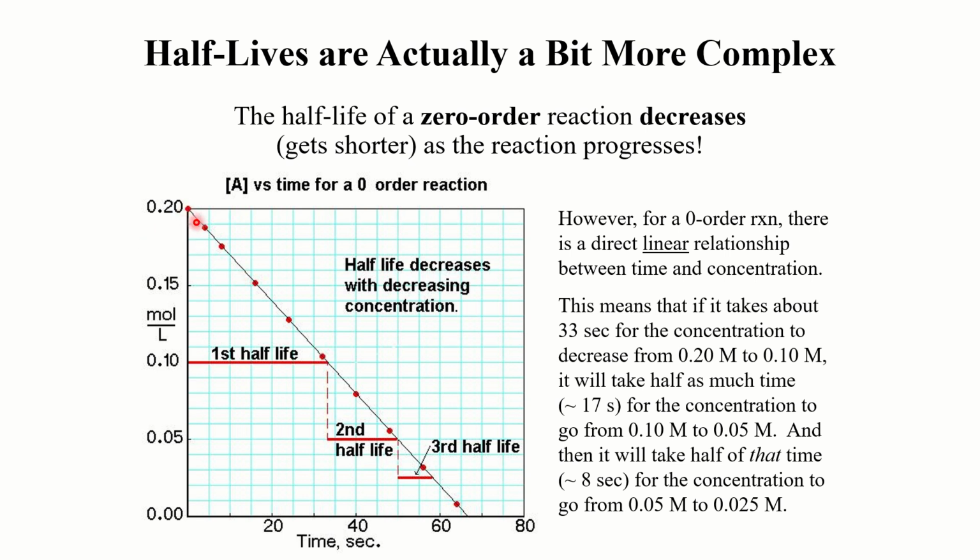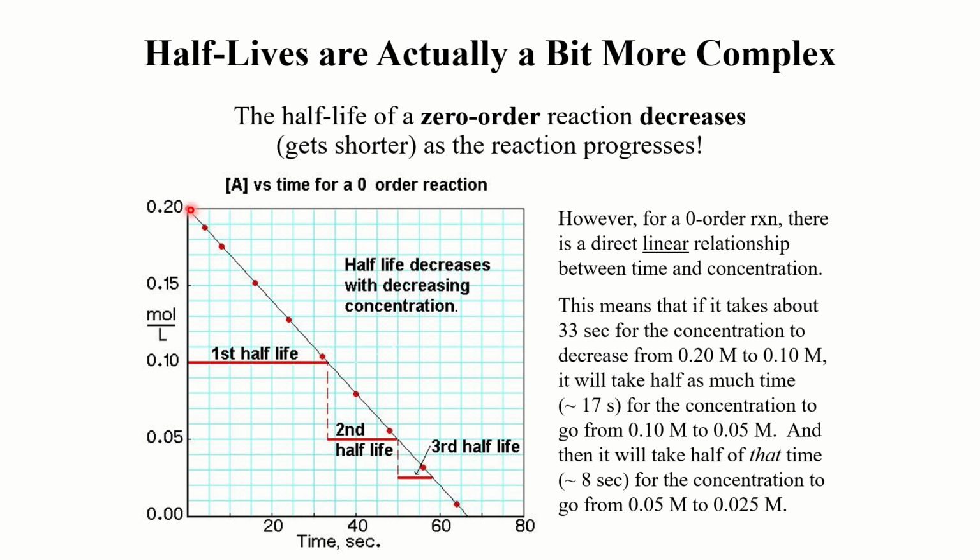So a zeroth order reaction from 0.20 to 0.10, we see that it takes approximately 30-ish seconds, maybe 33 seconds or so. And then to go from 0.10 to 0.05, now this is only taking about 17 seconds. And then 0.05 to 0.025, now it's taking close to 8 seconds. So you can see that the half-life is actually decreasing by half.